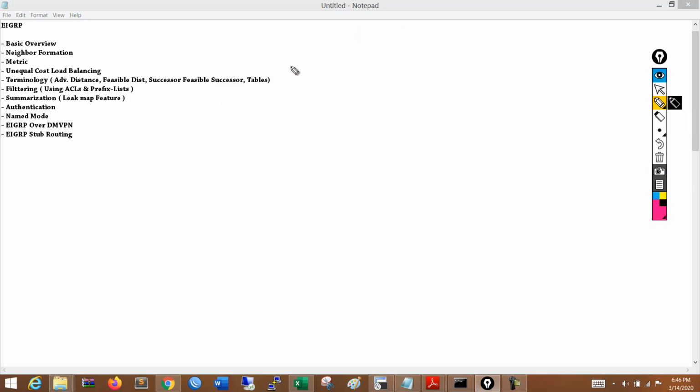Okay, so EIGRP. EIGRP actually stands for Enhanced Interior Gateway Protocol.